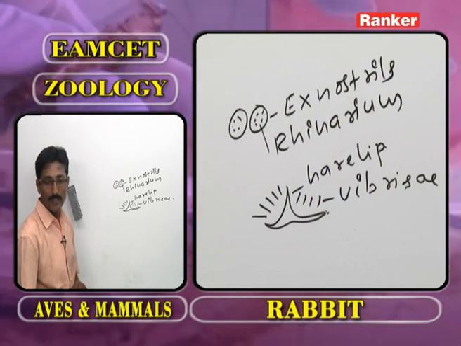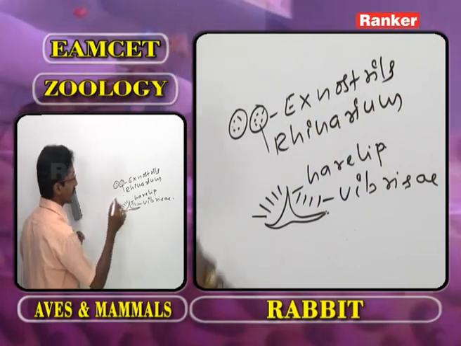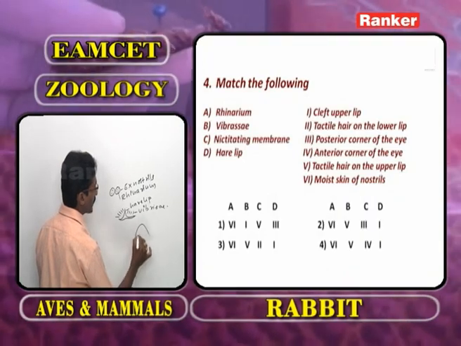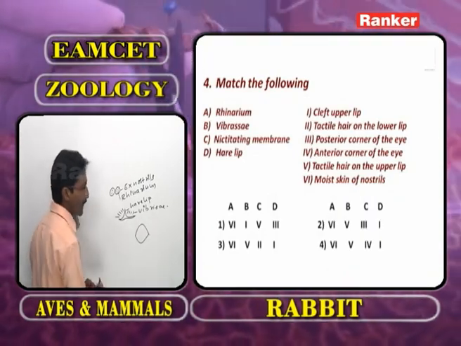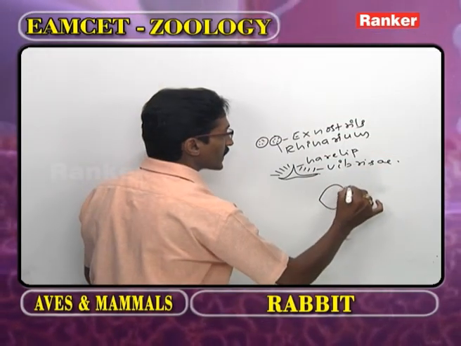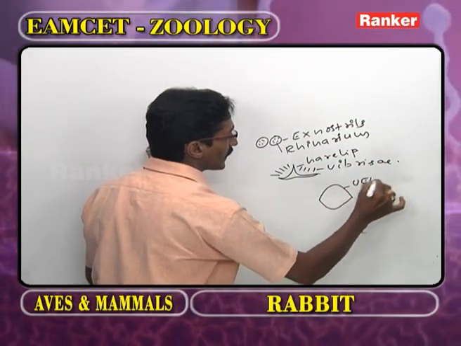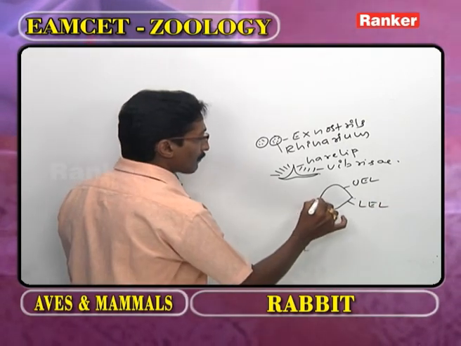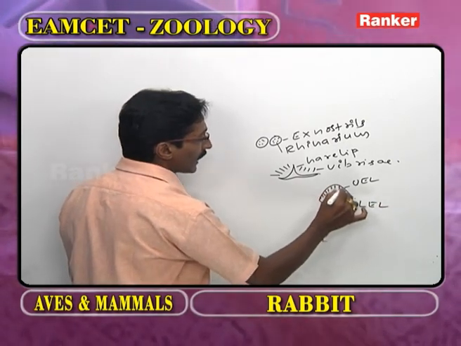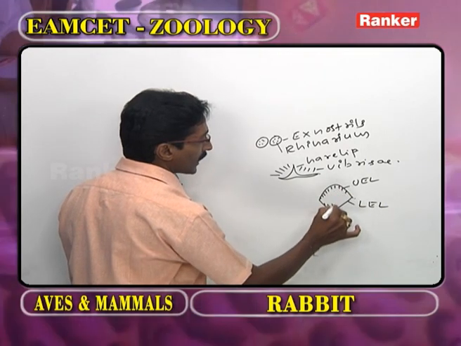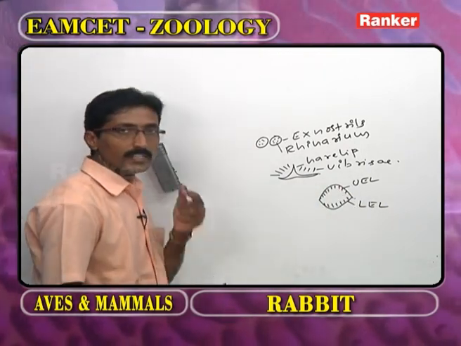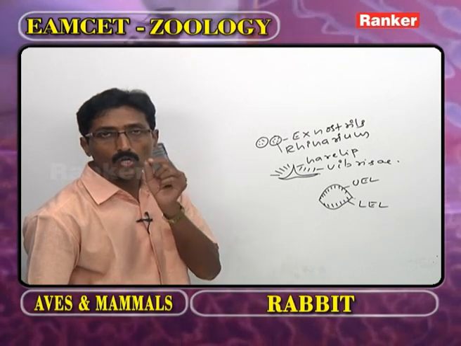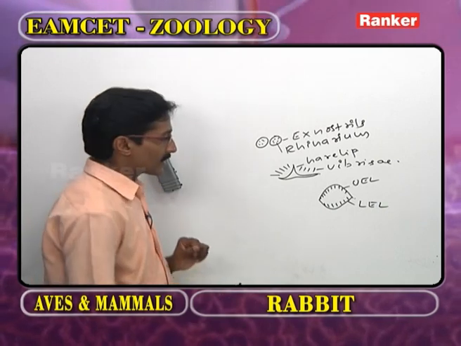Now the third one is nictitating membrane. Now as we observe the head of rabbit, on either side one pair of eyes are present. Now this is upper eyelid and this is lower eyelid. The upper eyelid and the lower eyelid have eyelashes.